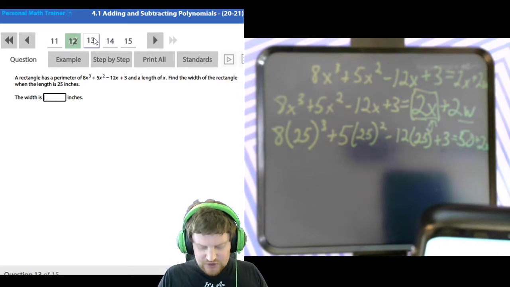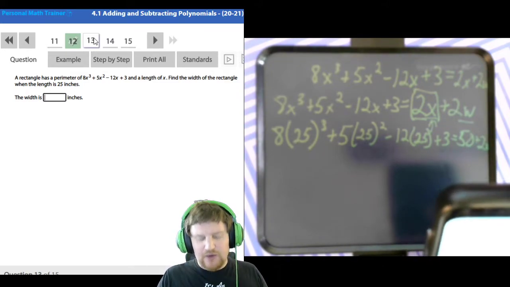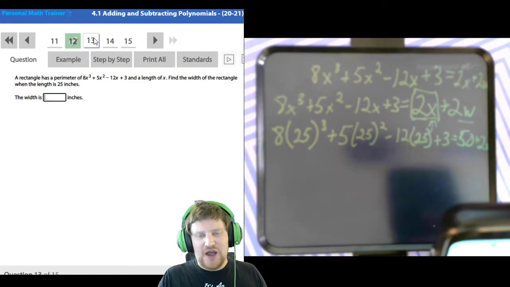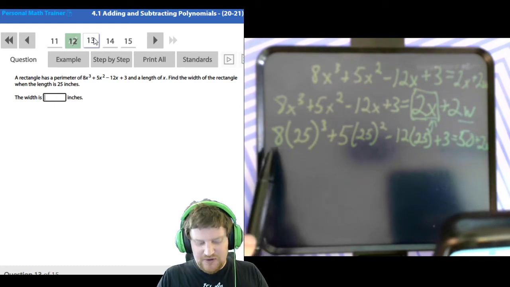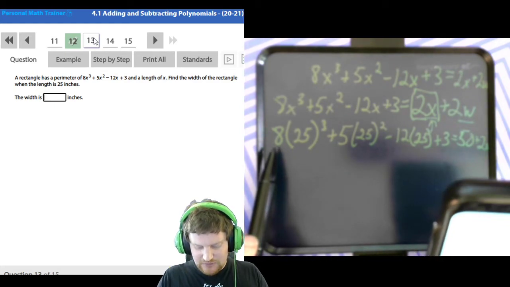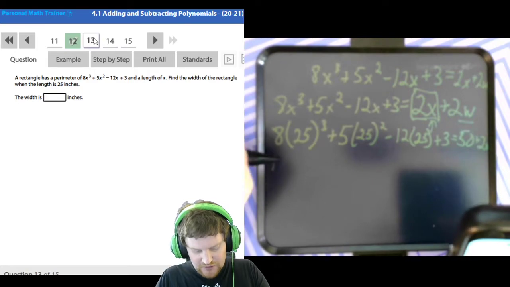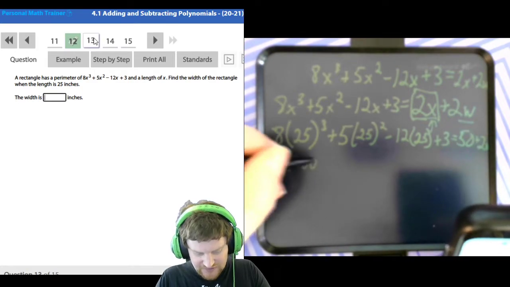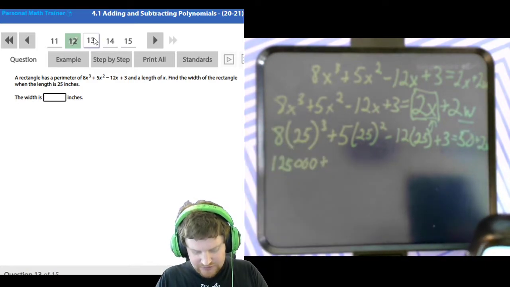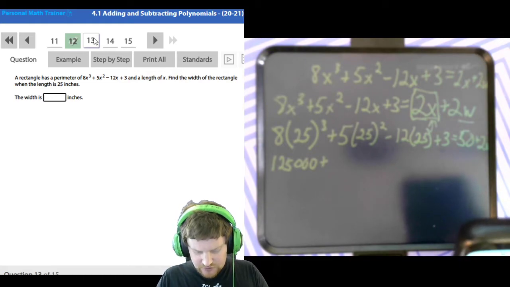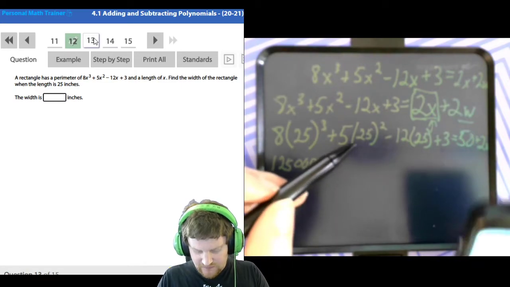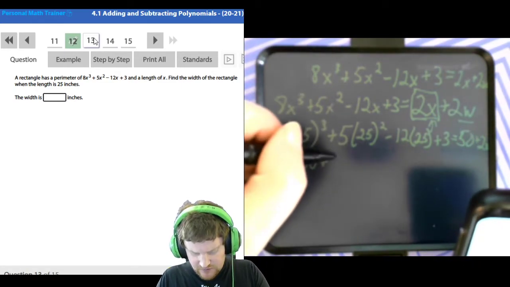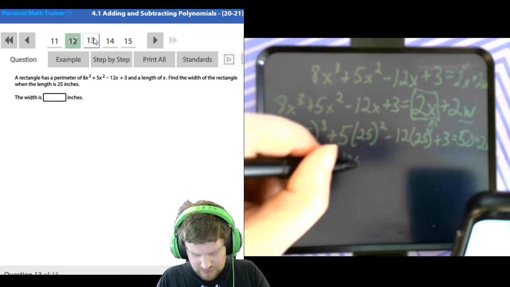Because 25 cubed is actually 15,625. It's a big number. And not only is that a big number, but we have to multiply that by 8. So I'm going to go ahead and do that now, which is 125,000. Plus 25 squared is 625 times 5, which is 3125.